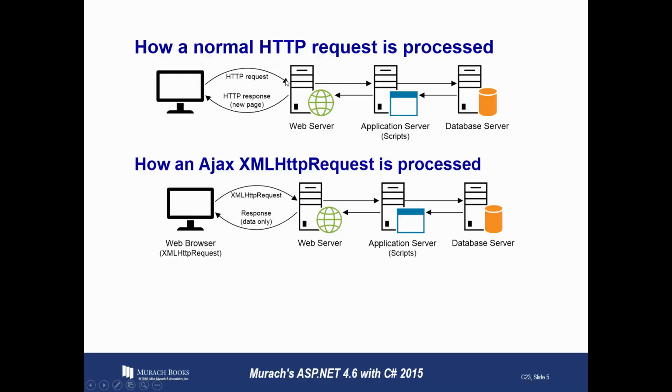You'll notice that rather than an HTTP request, we've got an XML HTTP request. Now, all modern browsers provide for an XML HTTP request object, also known as an XHR object. That's what's used to send an asynchronous request to the web server and to receive return data from the server. In addition to this, JavaScript is used in the browser to issue the request, to parse the return data, and to modify the page to reflect the return data.